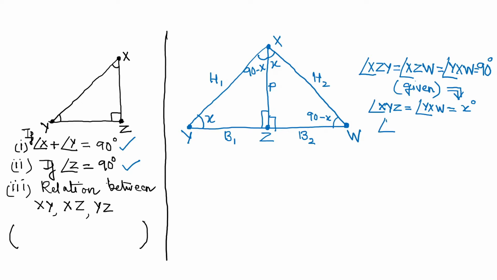Analogously, we will be able to say that angle YXZ is the same as angle XWZ, which is equal to 90 minus X degrees. Right? Okay, going forth.